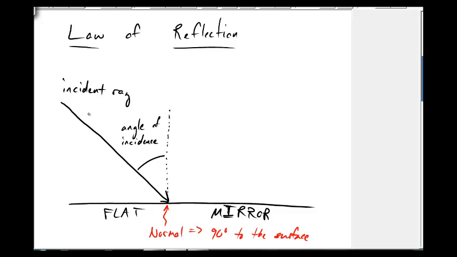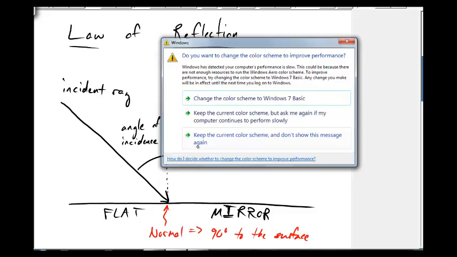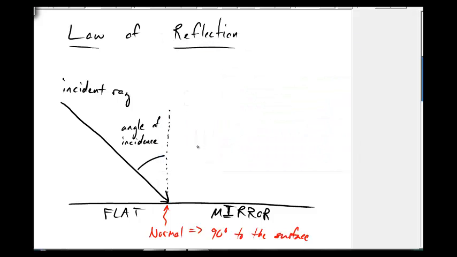If this was a laser or a beam of light from a flashlight, would the mirror absorb this light beam, or would it send it back? Well, it would send it back. And how exactly would it send it back? Since the ray is coming in at a certain angle, it's not going to go straight back up. It's going to leave at the same angle that it came in.